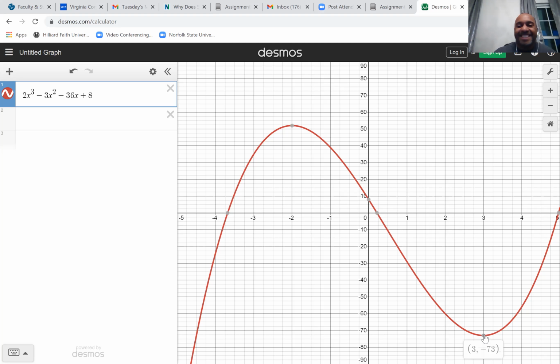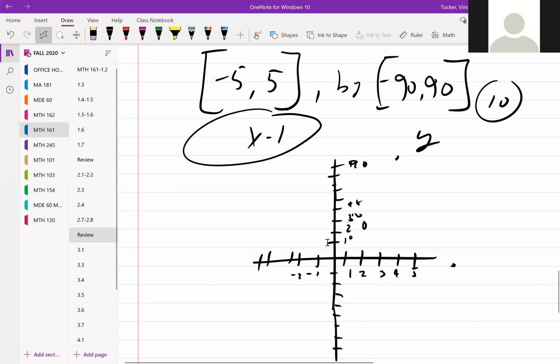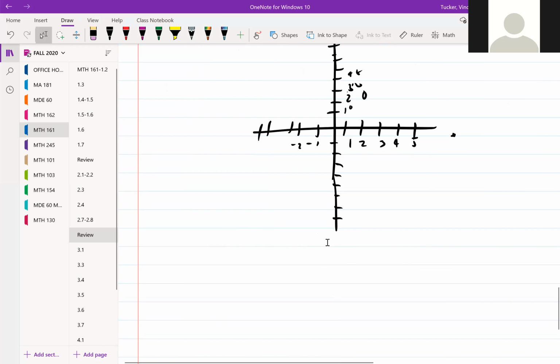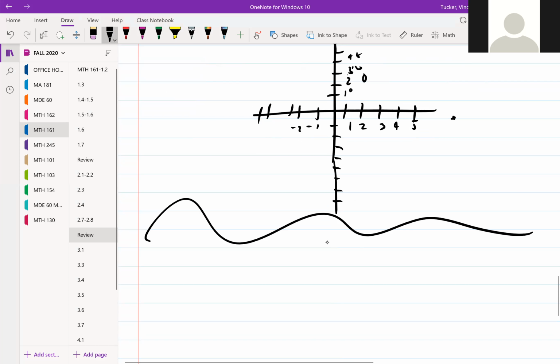Okay. Let me find the question. I know it was towards the end of the review. It's where it has like F and then an open circle and then some had a closed circle and then G of X. I do not understand that. All right. Let's see if we can find it.